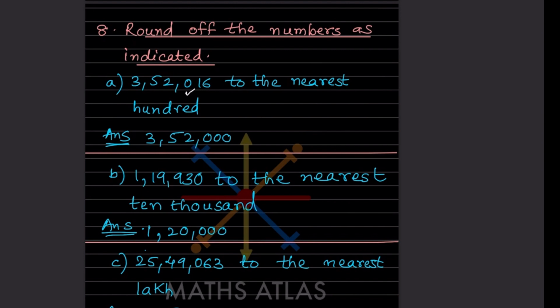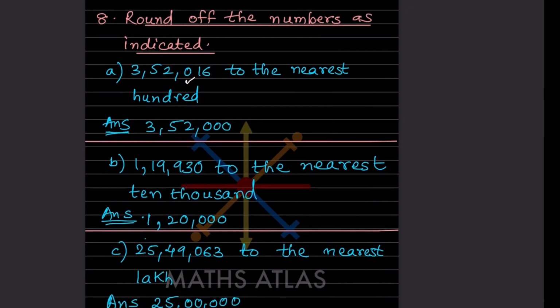As I already told you, when it is 0, 1, 2, 3, and 4, whatever the number less than 5, the hundreds place is going to be the same. So these two numbers, the ones and the tens place, are going to be 0 itself. Of course the hundreds place is 0, so that is not going to change because this is smaller than 5, and this digit remains the same.